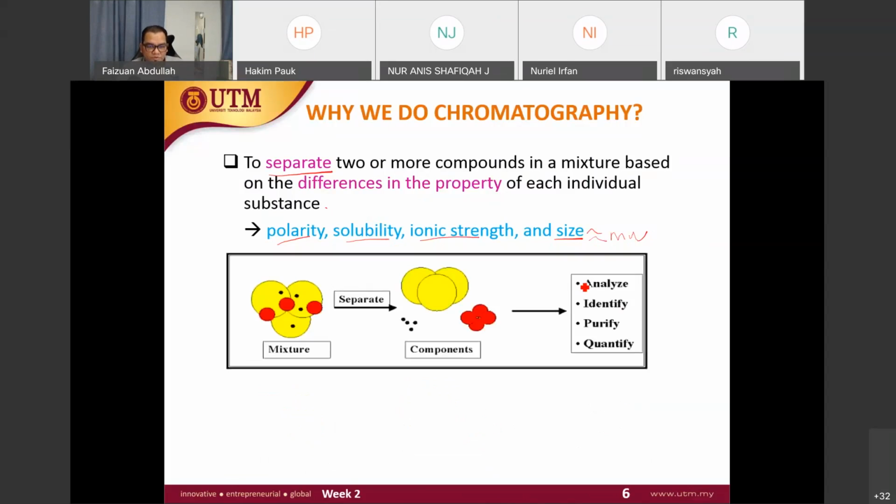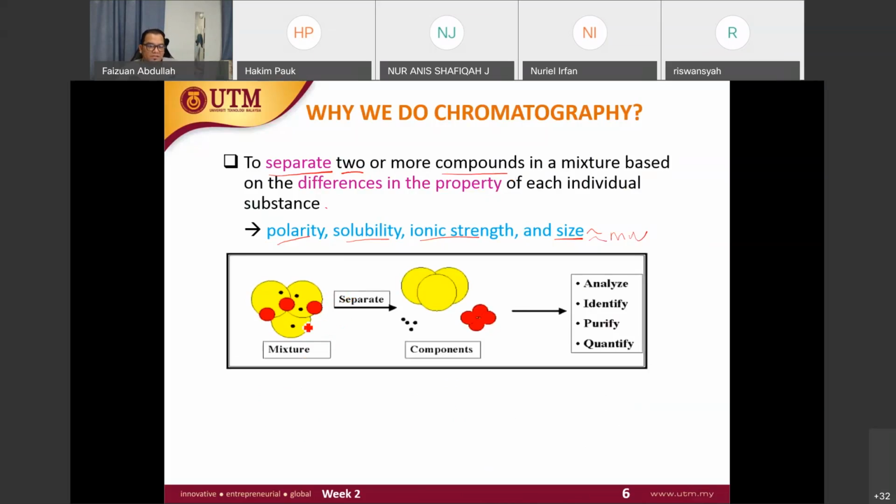So this is the example. We have a mixture of compounds, two or more compounds. Remember, if we say mixture, we have two or more. If we have only one compound, that is not a mixture.